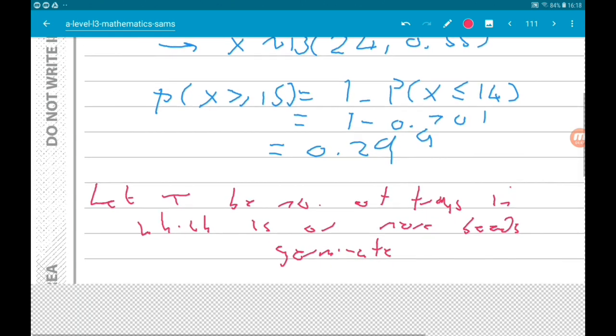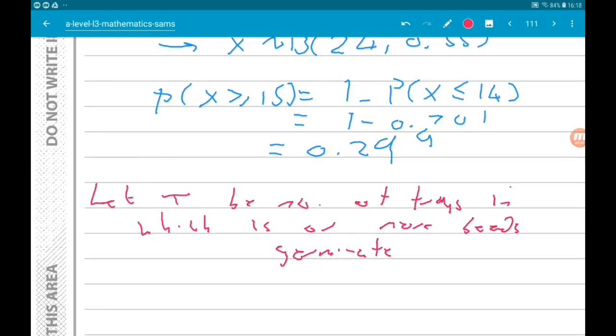Then T has a binomial distribution. N is 10 and p is 0.299.